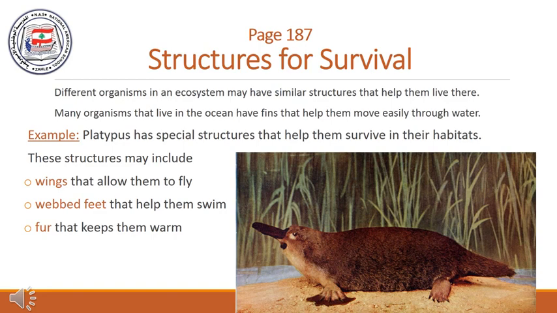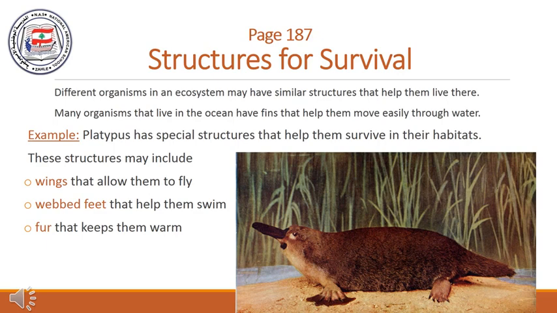Look, please, at page 187. Structures for survival. Different organisms in an ecosystem may have similar structures that help them live there. Many organisms that live in the ocean have fins that help them move easily through water. Let's take an example of a platypus. A platypus has special structures that help it survive in its habitat.